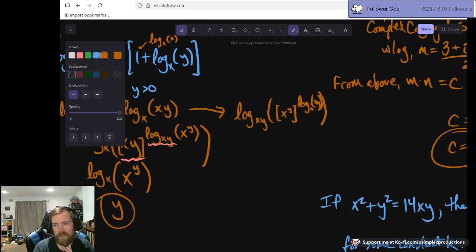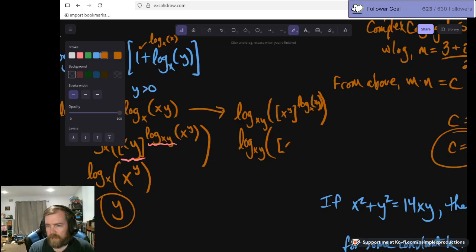Okay, and then over here, same deal. This is x to the y being raised to the log base x of xy. Actually, we can't do that argument just yet, but we're almost there. This is going to say that our exponential being raised to another power is going to multiply those exponents together.